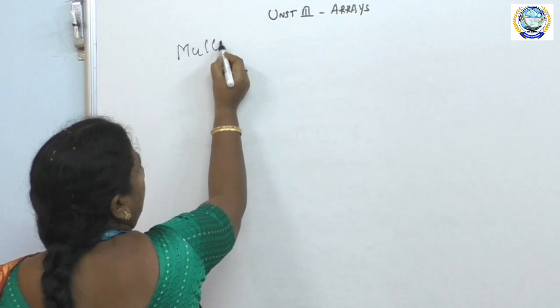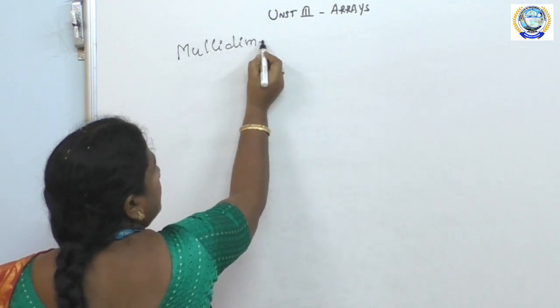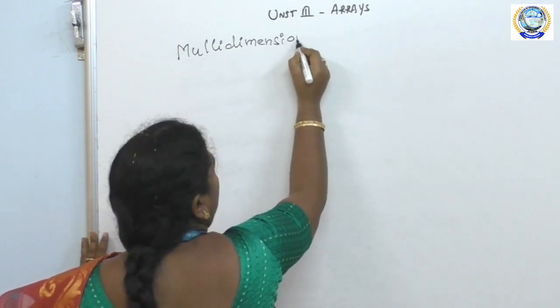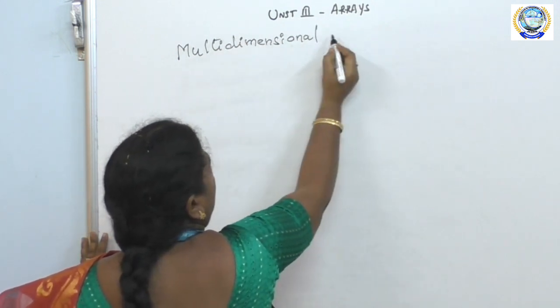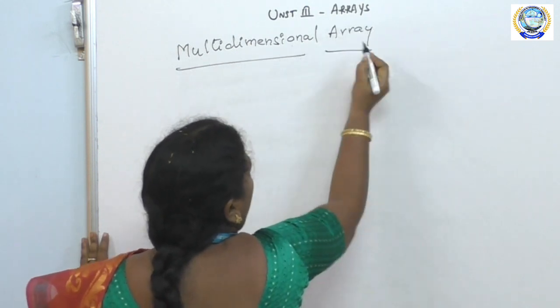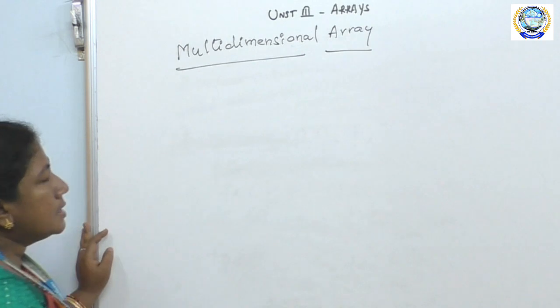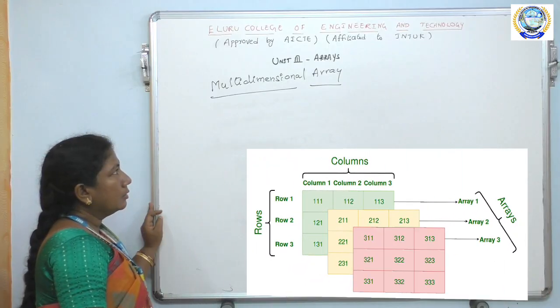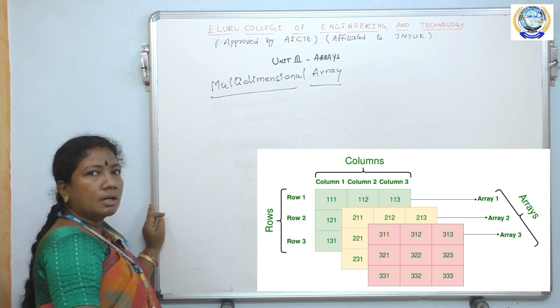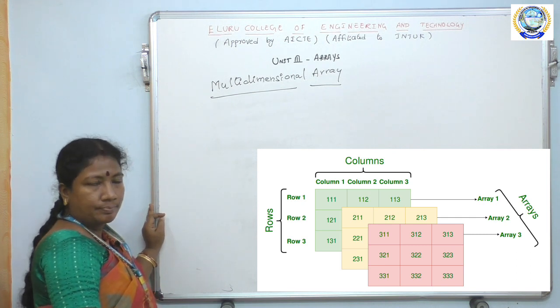The third type of arrays is the multi-dimensional array. In this multi-dimensional array, we can maintain three or more dimensions.